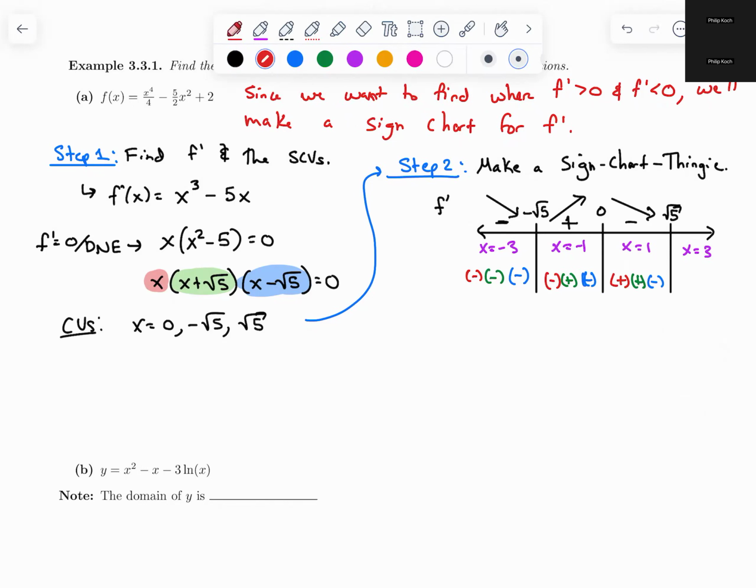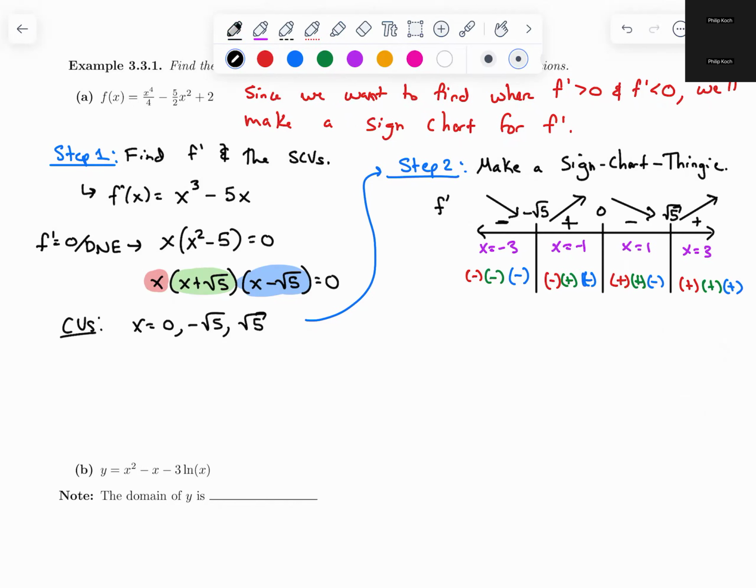And last but not least, when we're at 3, every single factor is positive. Since there are no negatives, the result is a net positive, and it's increasing. So these arrows do a lot more than just tell us increasing or decreasing, as we'll find out very, very soon. But that's how we work through this one.